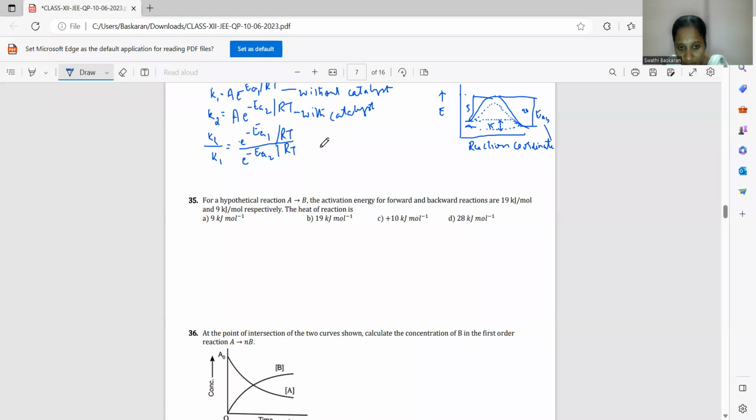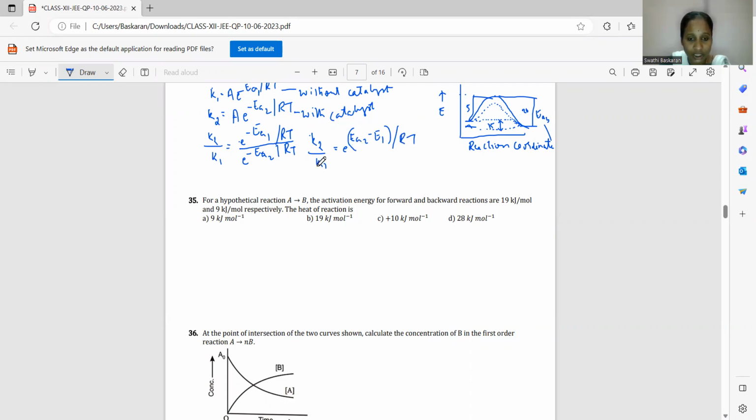The same thing can be simplified as K2 by K1 is equal to e to the power (EA2 minus EA1) divided by RT.